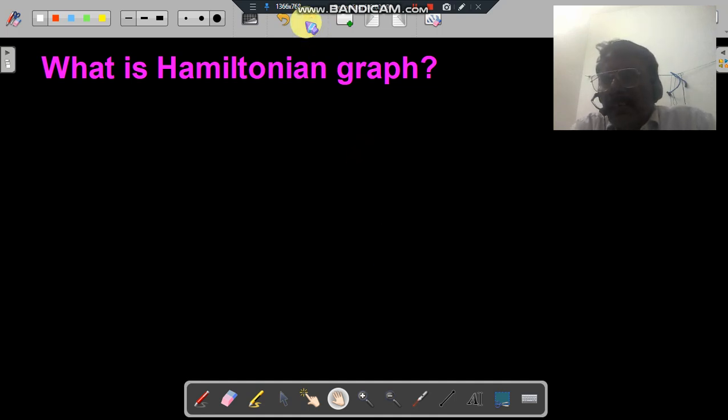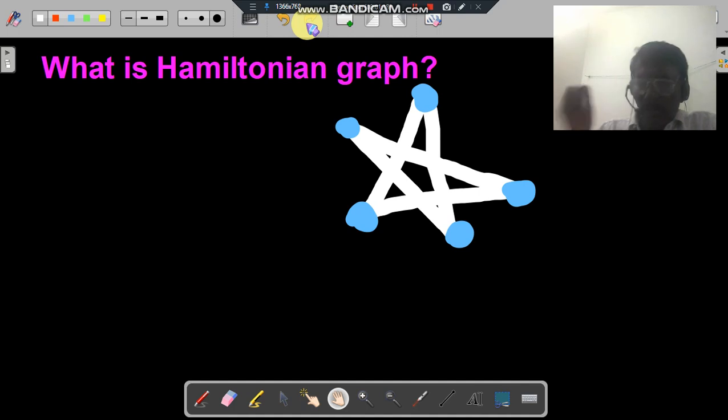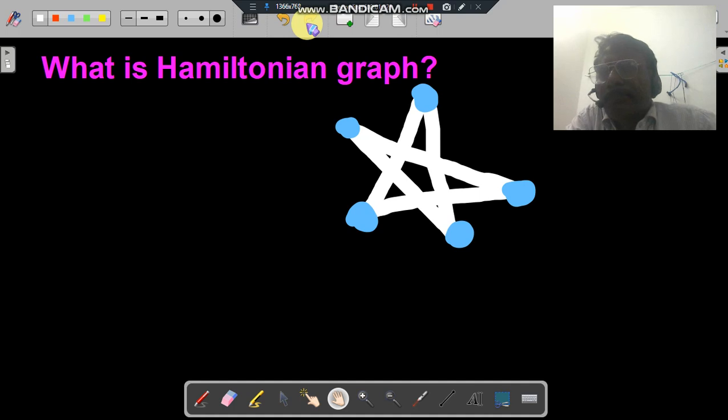Now look at the screen. This is a graph, definitely, because it consists of vertices as well as edges. Now look at that.